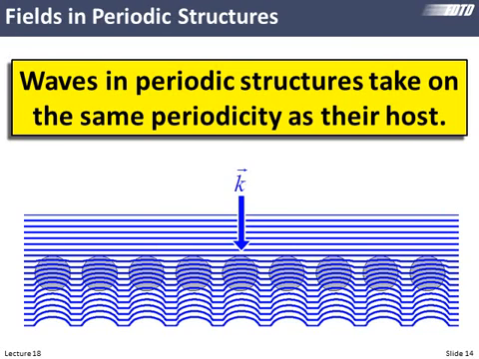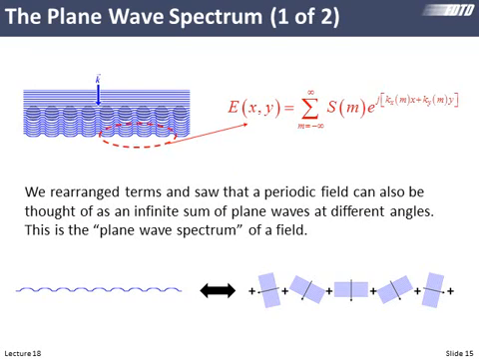So for a wave traveling through something periodic, the field amplitude takes on the same periodicity as the structure that it is in. If the field becomes periodic, we can expand it into a Fourier series. Well, a Fourier series is a sum of discrete things. Those discrete things have the same mathematical form as plane waves.